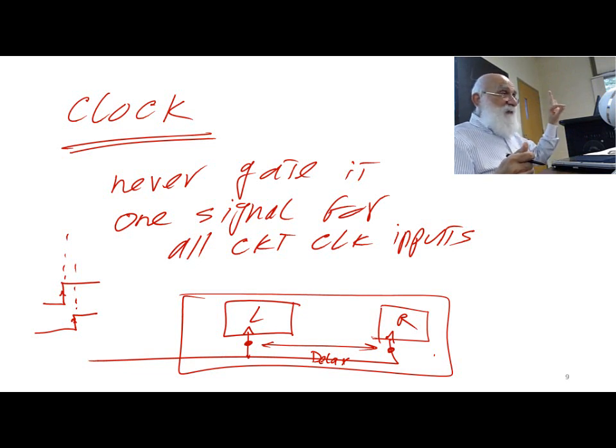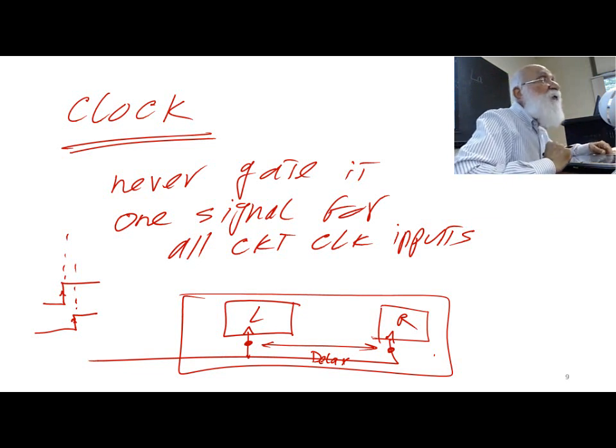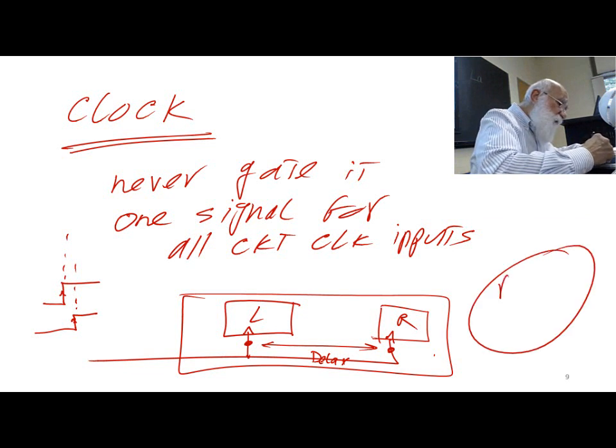What it means is that you start with a single clock, and wherever it goes, you put enough inverters on it that the count of the inverters wherever it goes is the same. That logic is called clock distribution logic. So the key is respect the clock.